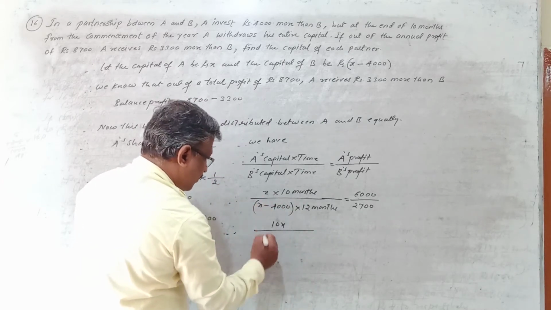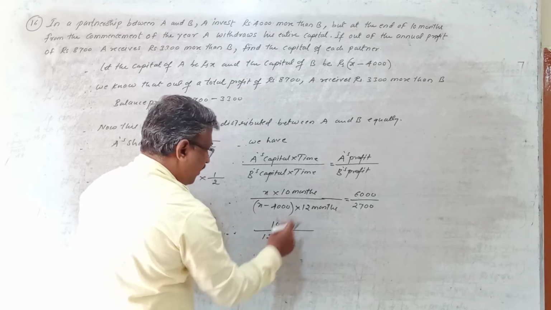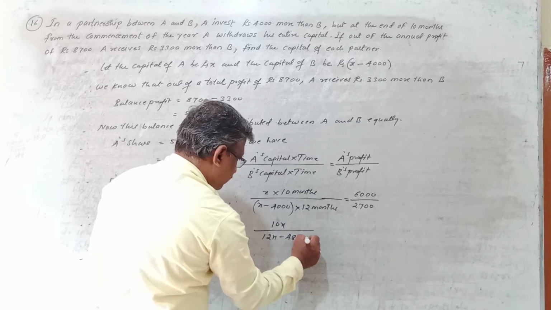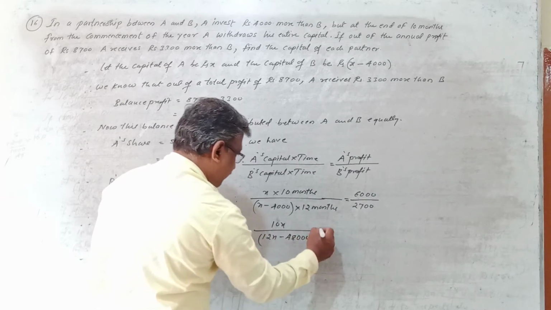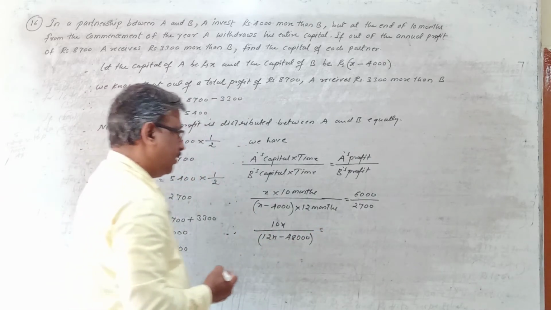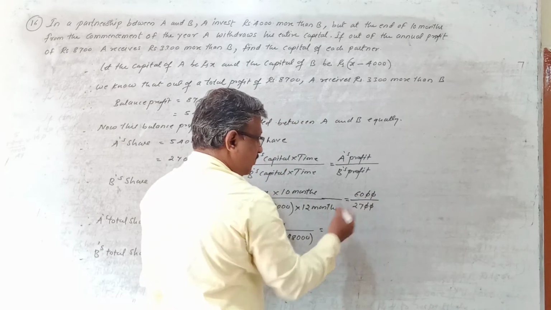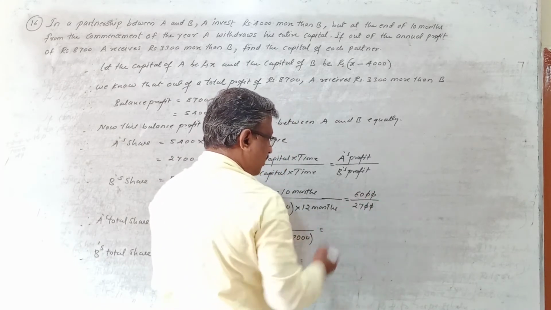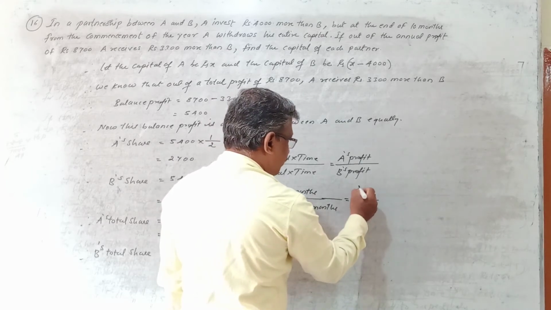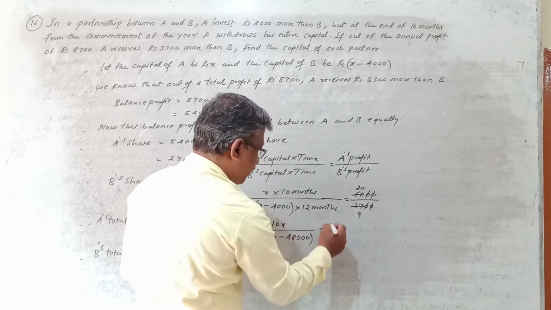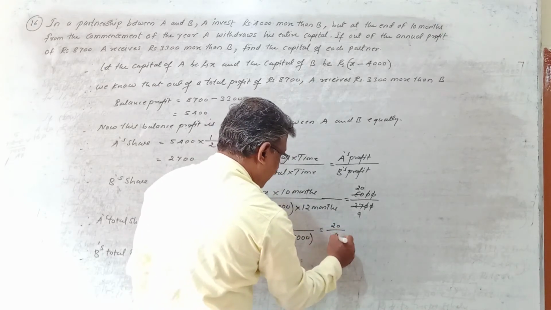So 12 into X gives 12X minus 12 into 4,000, which is 48,000. Put this into a bracket. Equals, these common 2 zeros get cancelled, and further if these numbers are divisible, you divide. Both numbers are divisible by 3, and 3 nines are 27, which comes to 20 divided by 9.